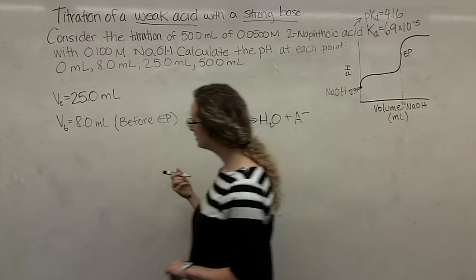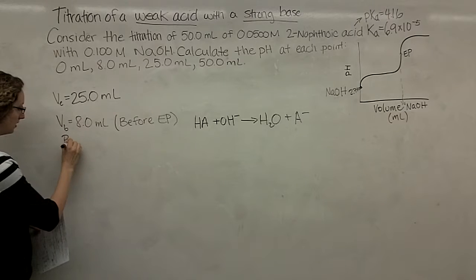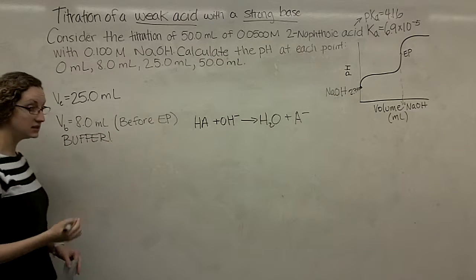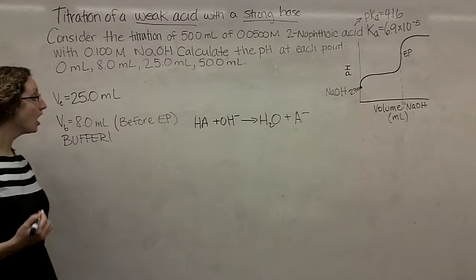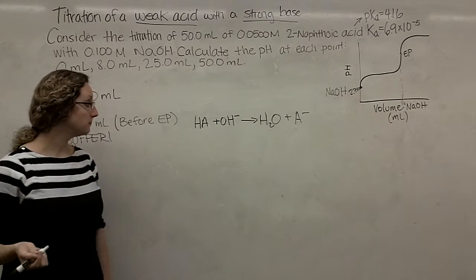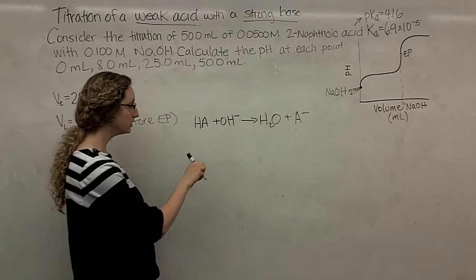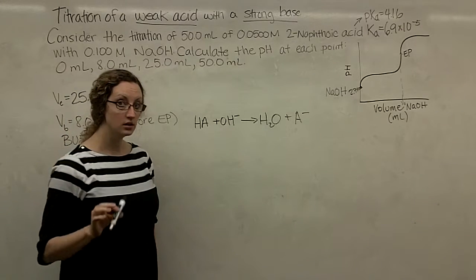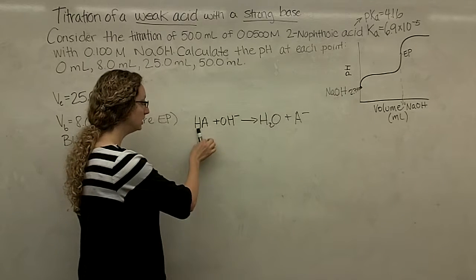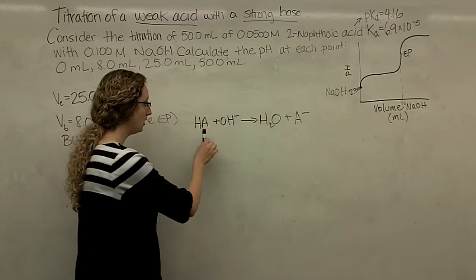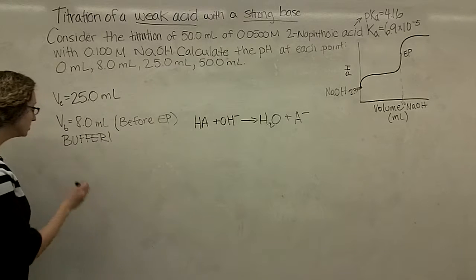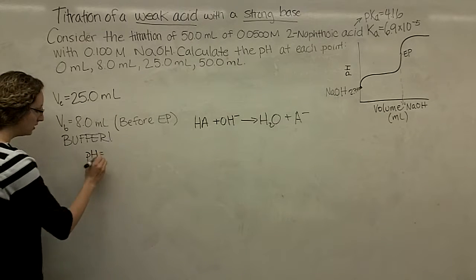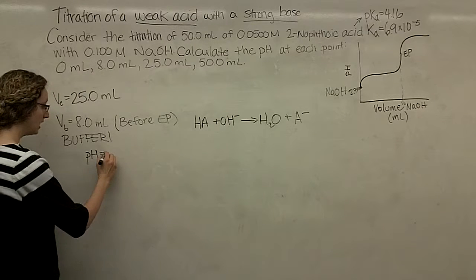So this is the same as a buffer, a mixture of a weak acid and its conjugate base. And we are going to make the assumption that all the hydroxide ions are going to react completely with the HA acid that's here.